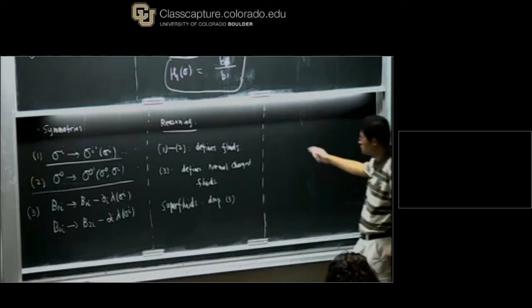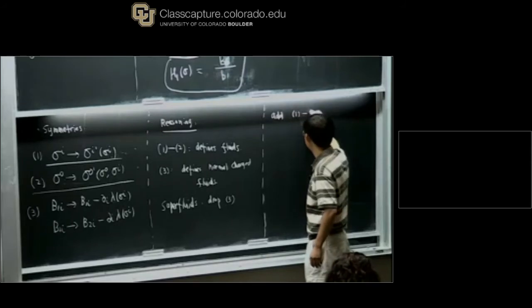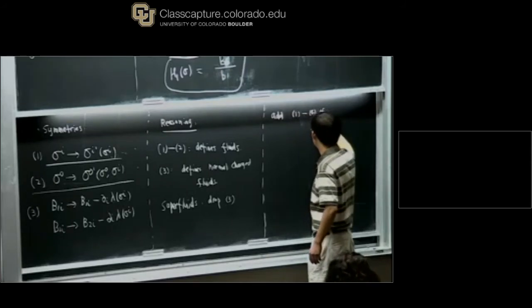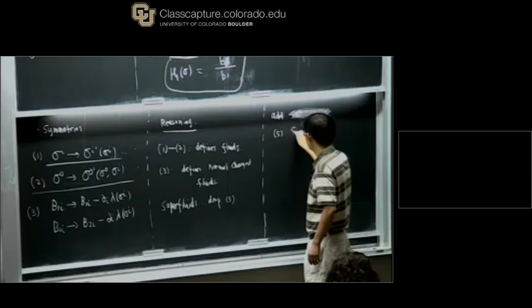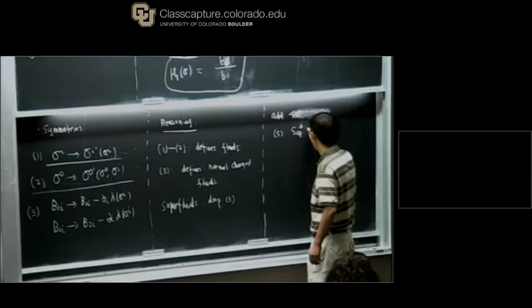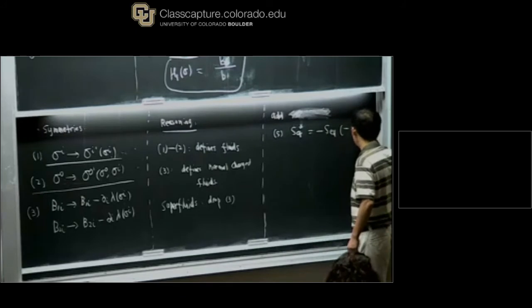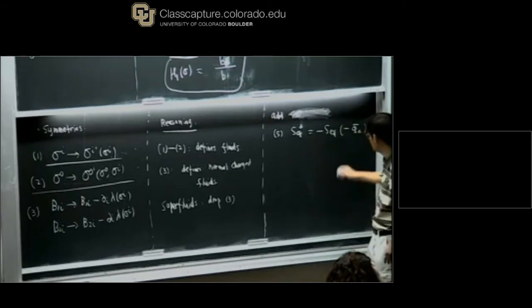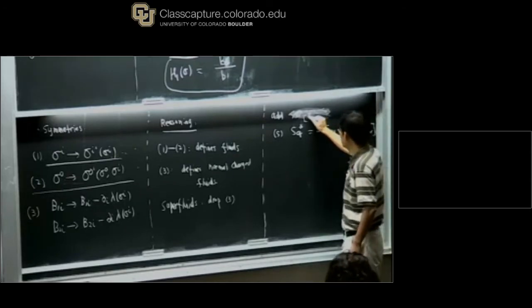So we still need to add 1 to 4 of yesterday. Let me relabel them as 5 to 8. So 5 would be S effective star equal to S effective with the sign of phi A switched, and you keep phi R the same. Let me write it explicitly: phi A, phi R.